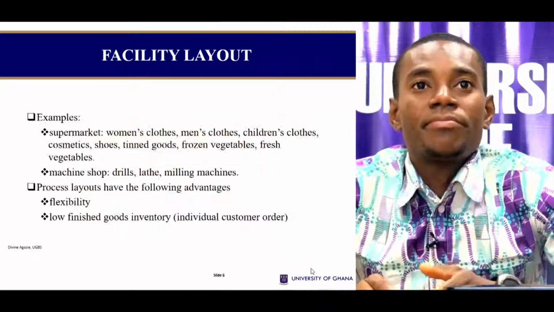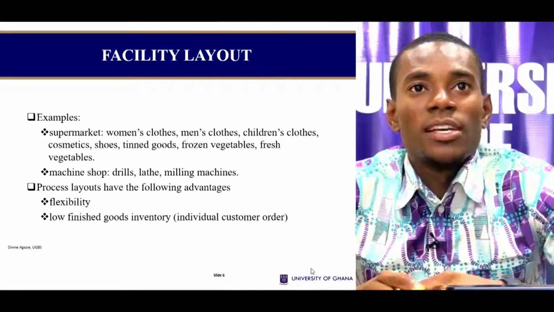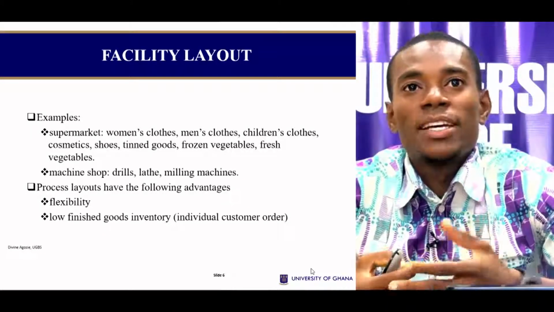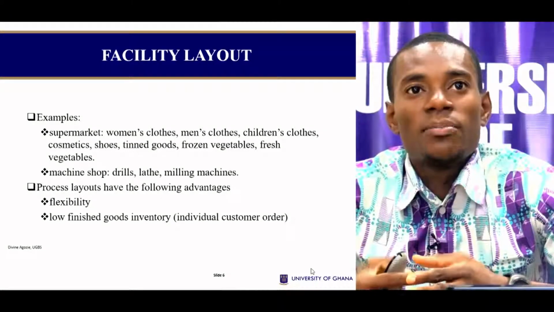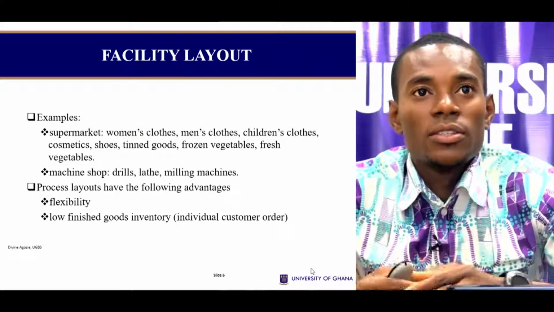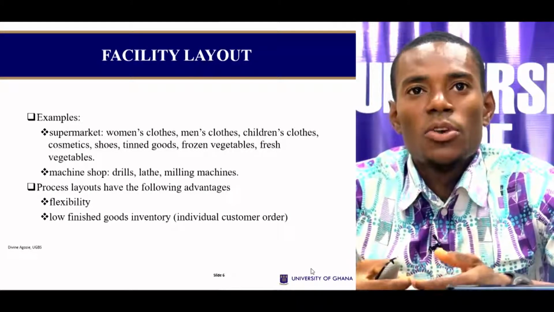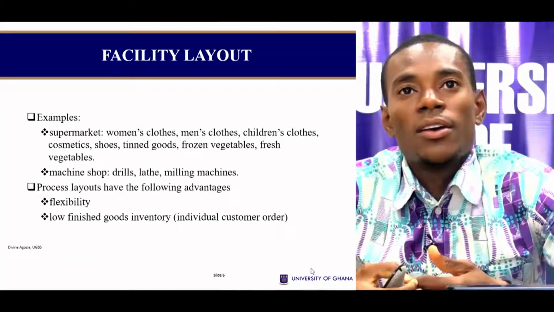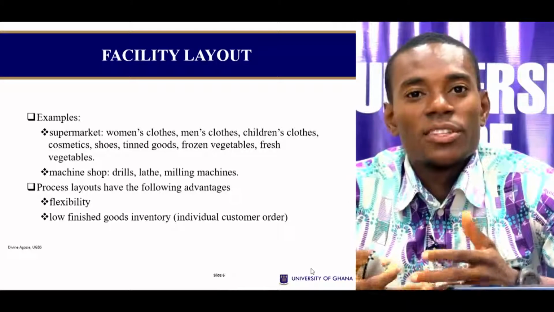workstation. Some examples of process layouts you find in supermarkets. Typically, you go to a supermarket and you find children's clothing at one part, groceries, vegetables, everything is put at a particular place. So you don't find sugar where frozen vegetables or fresh fish are found.